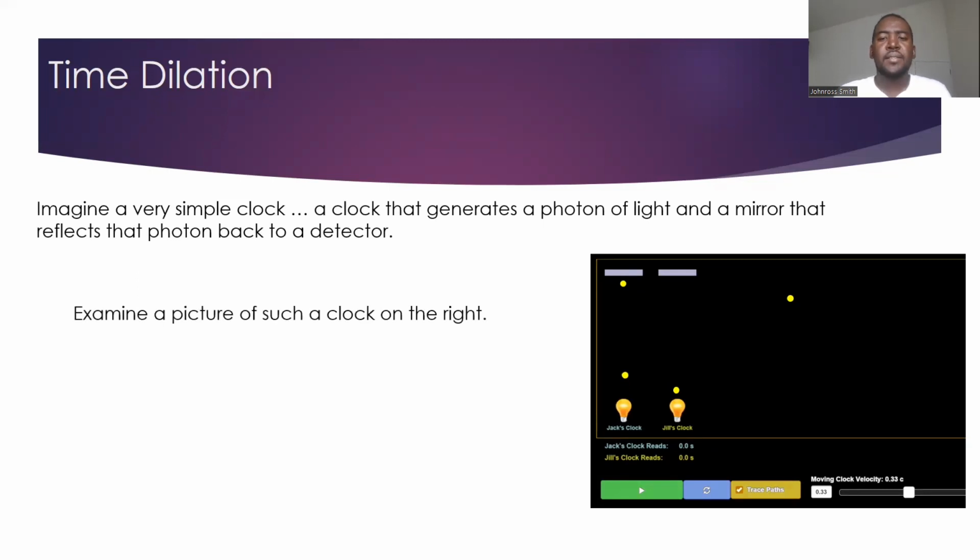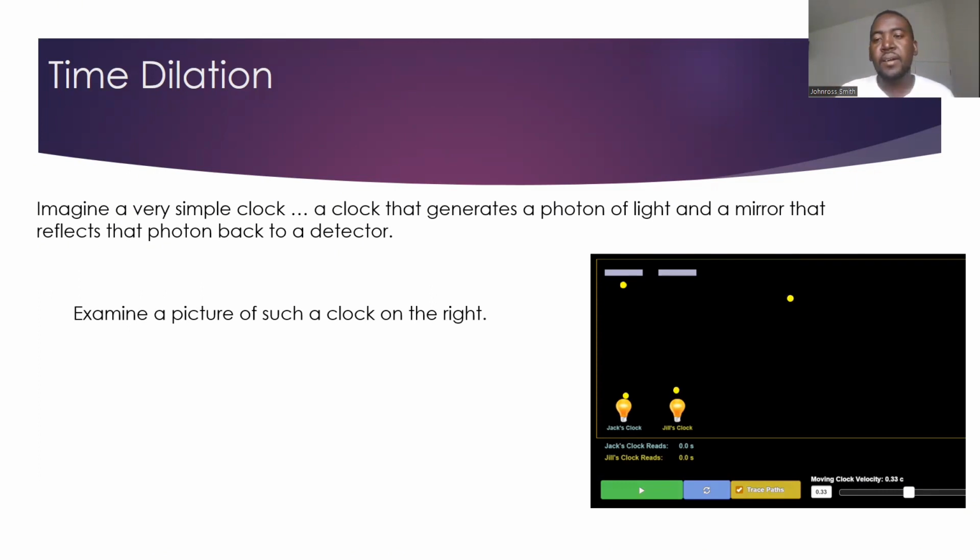Now imagine this situation here. We have a simple diagram of a clock that generates a photon of light and a mirror that reflects that photon back to the detector. Examine the picture on the right side: the clock produces the light, it goes to the mirror, and the mirror reflects that light.